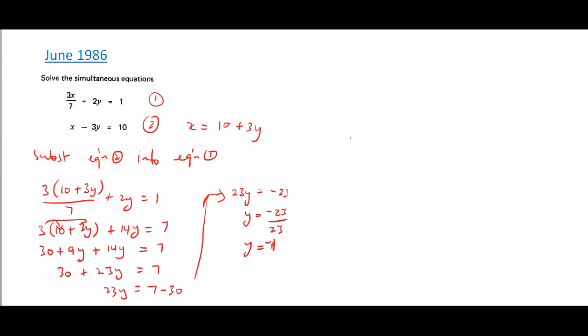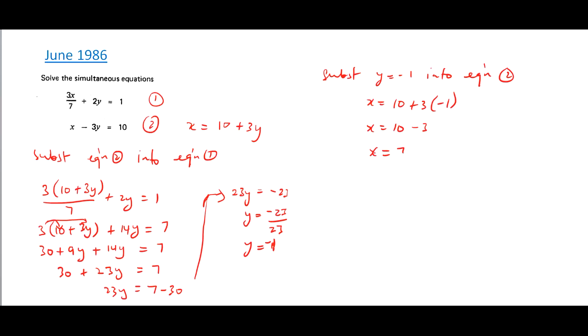Right? And now substituting y equal minus 1 into equation 2, we end up with x is equal to 10 plus 3, in this case y is minus 1, so therefore x is equal to 10 minus 3, therefore x is equal to 7.